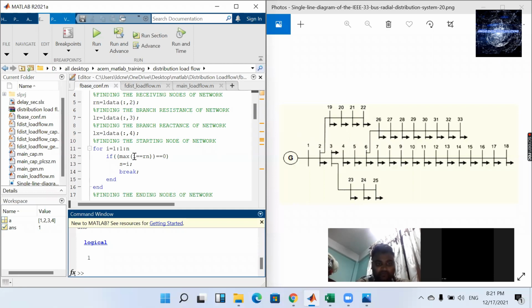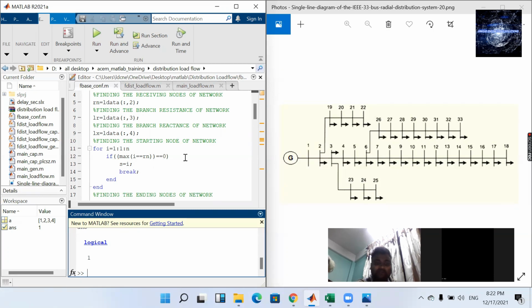As I already said, a starting node is the node which does not belong to Rn, the receiving-in nodes. So if i does not belong to Rn, then this code will give the result 1, and that we have to store in S. And we know that in a radial distribution system, there is only one starting bus.